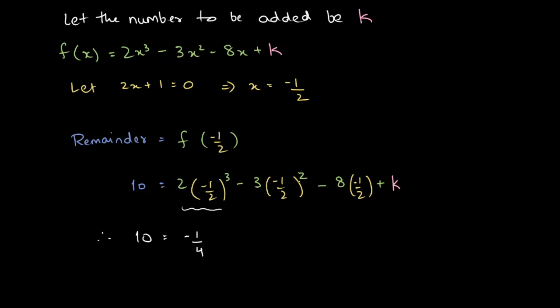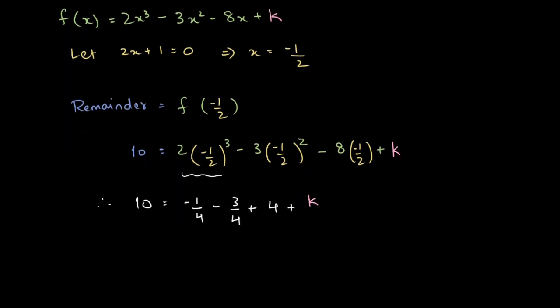Minus half raised to 2 is 1 by 4, and into 3 will make it minus 3 by 4. Minus into minus makes it plus, and 8 upon 2 is 4. And I'm left with a plus k at the end. Plus k, right? So I reckon we need to take the LCM here because we have 4 in the denominator.